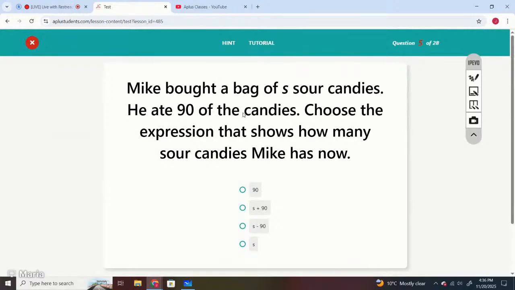Choose the expression. That is S minus 90. Option number 3 is the correct option.